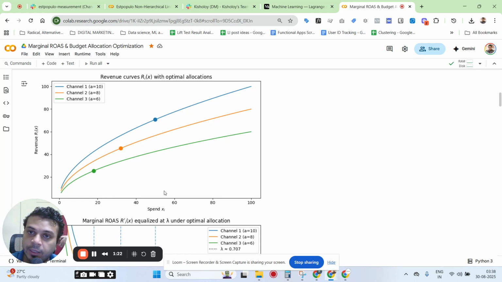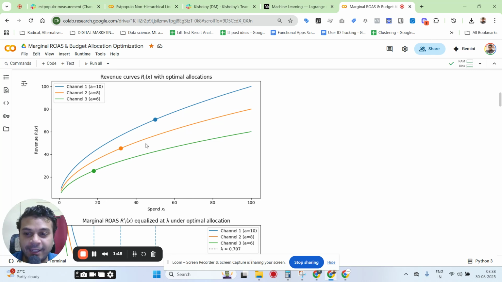Beyond that, the marginal ROAS becomes such that it's not possible to profitably add any additional dollar in that channel. So that is the definition of marginal ROAS. This is very crucial. This is the basis on which actual budgeting and budget allocation decisions should be taken.